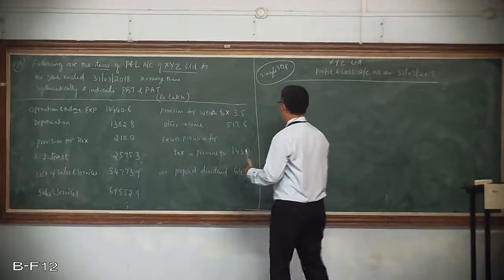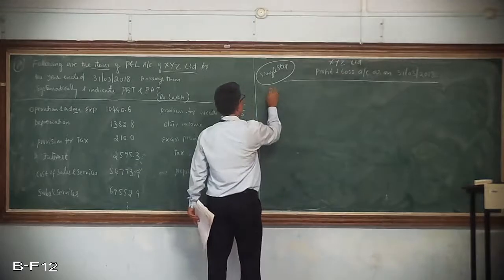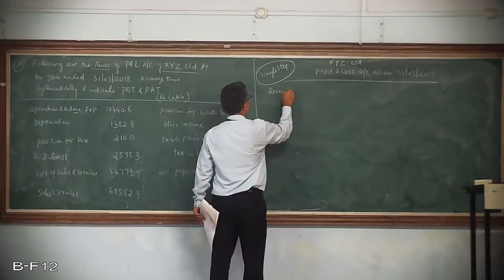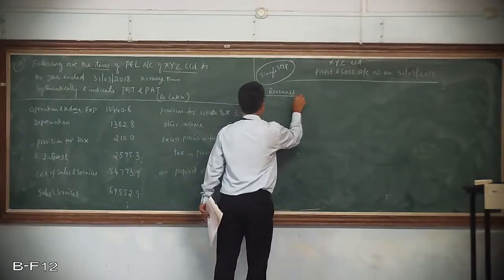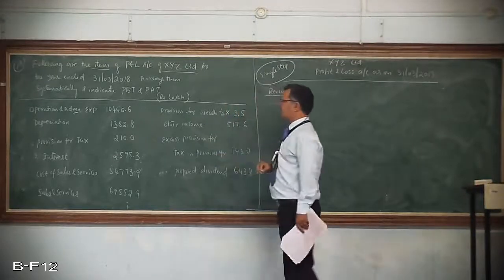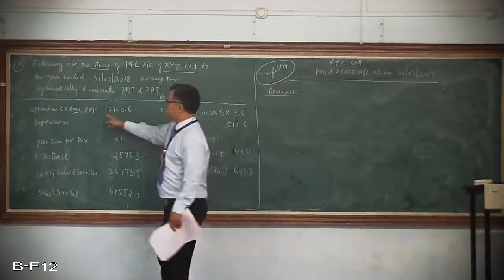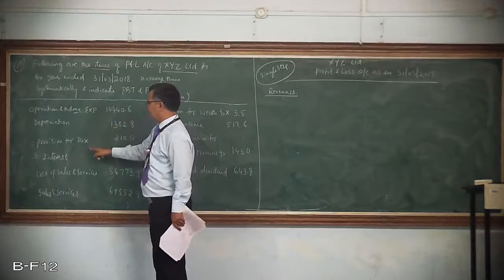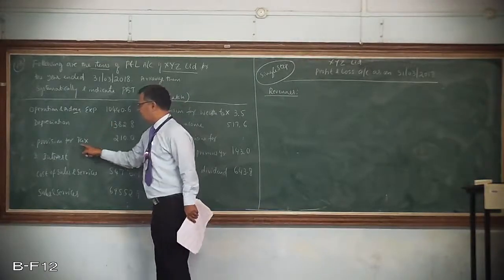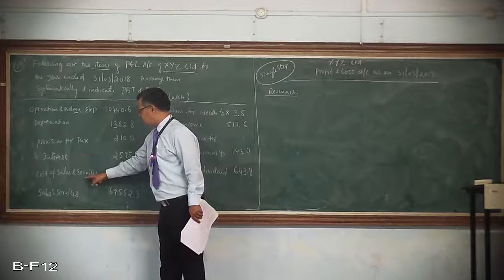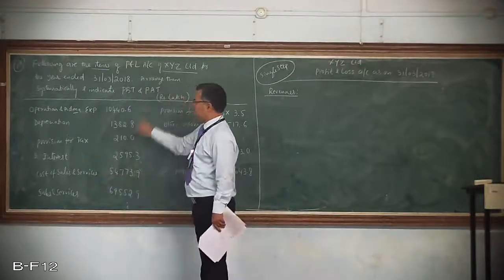Okay, so first write down what the revenues are. Check out in the given values what revenues there are. These are expenses: depreciation, tax also, interest also, cost of sales also. They are all expenditures.